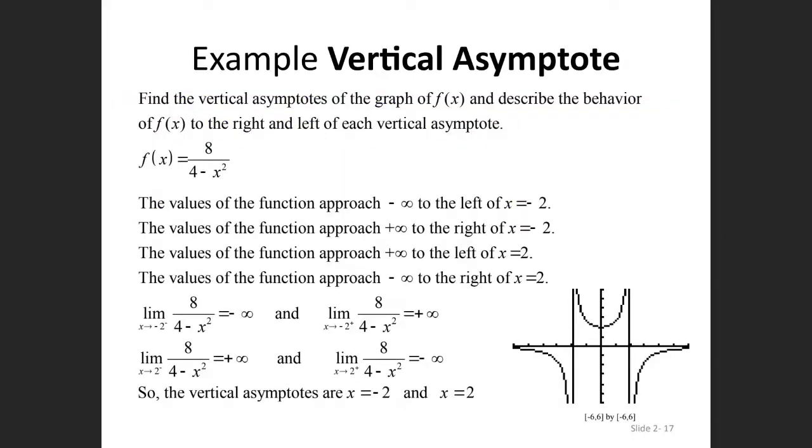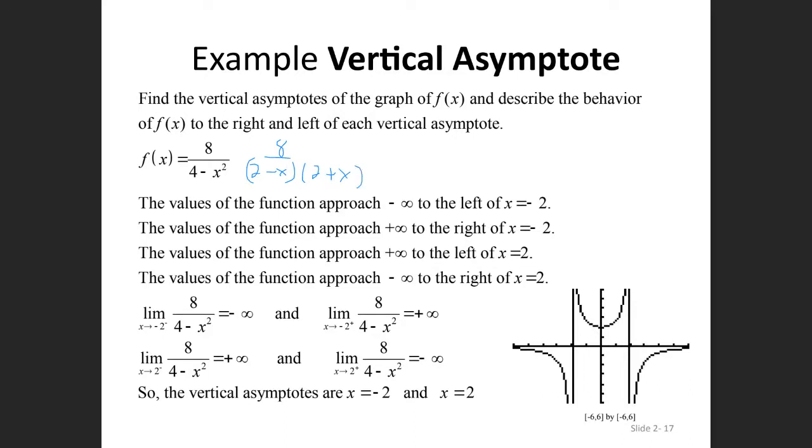So if I gave you this problem right here, f of x equals 8 over 4 minus x squared. If I was going to find out what's happening here, there's a lot happening, because if I factor the bottom, I end up with 8 over 2 minus x, 2 plus x.